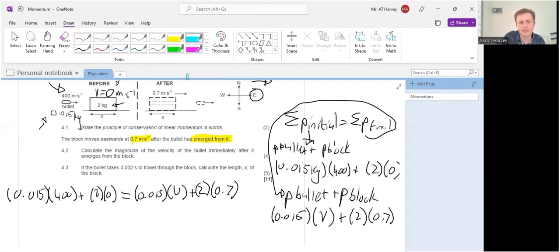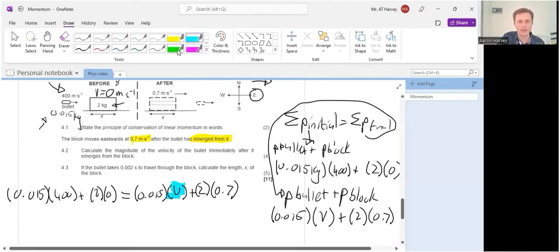And what you'll notice is that you only have one unknown, the velocity of your bullet. Now, I will leave this here because I hope that you are able to solve for velocity in this case. If you can't, that is obviously then something we would need to go through together. But through this, hopefully you see that if you understand what is going on, you can tackle any question that they throw at you. But now we'll move on to the last question of this video, 4.3.